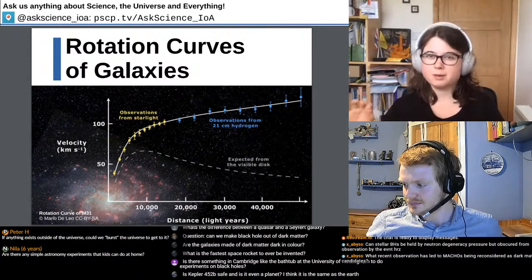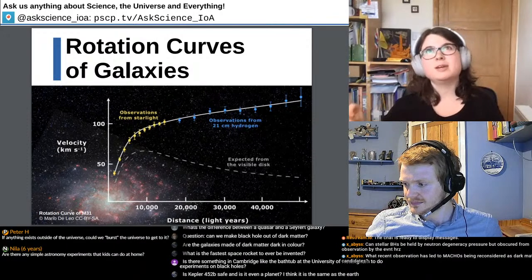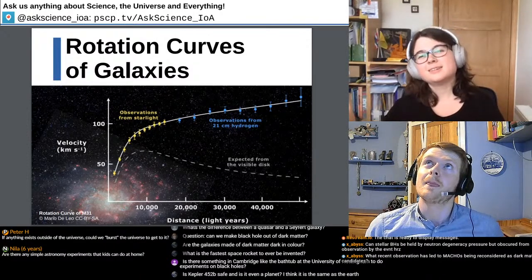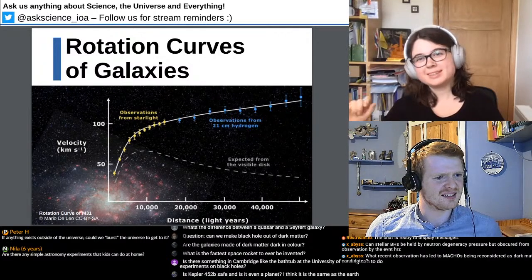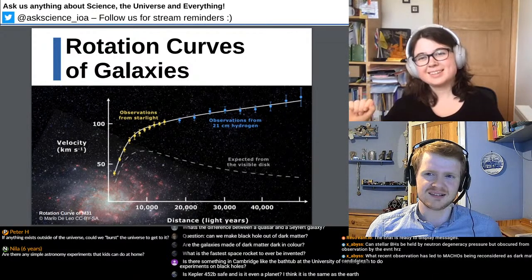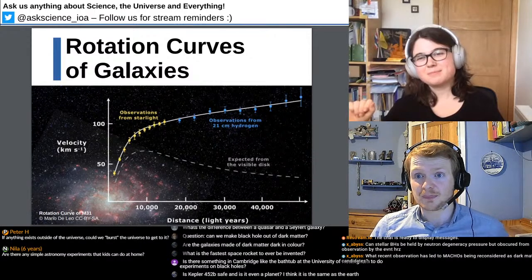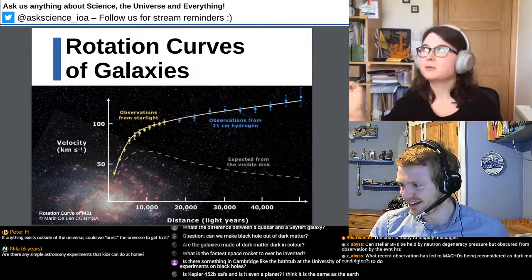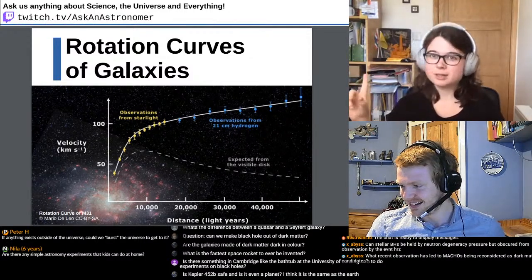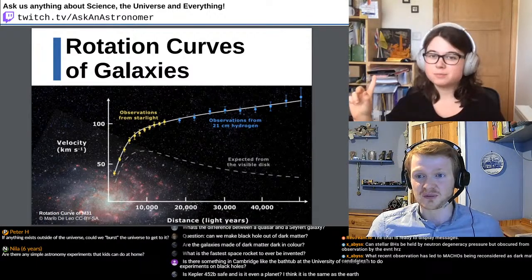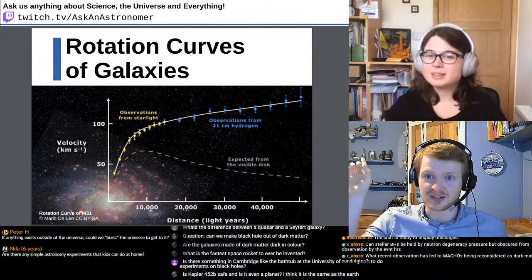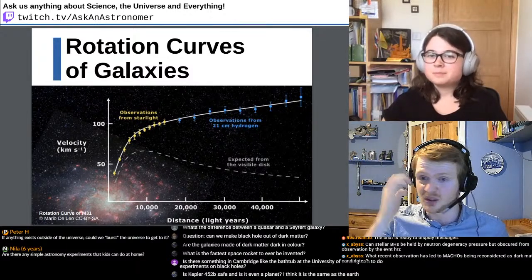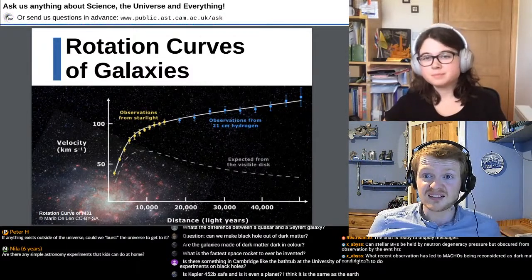It's really big. For context, the light bulb that's up there, which you can't see, is maybe 50 watts.